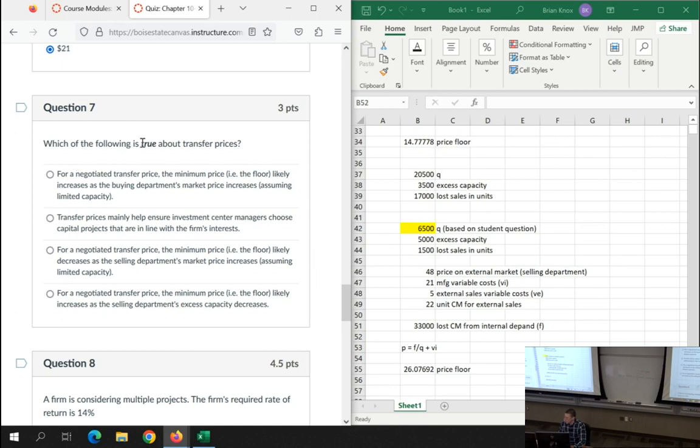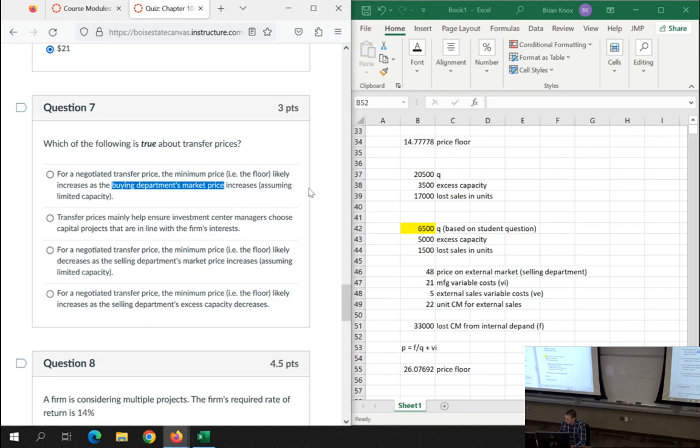Which of the following is true about transfer prices? For a negotiated transfer price, the minimum price, the floor, likely increases as the buying department's market price increases, assuming limited capacity. I don't know if I can see any reason that would be true, at least not directly. So the buying department's market price is not directly affecting the floor here.